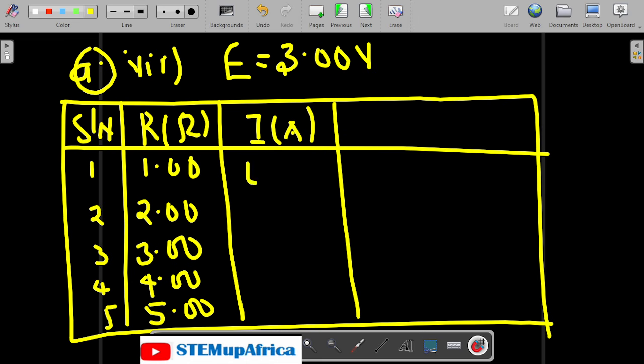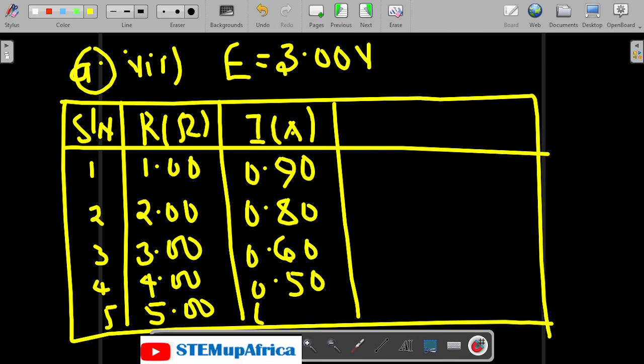So if you conduct the experiment, I'll explain how they conducted. These are perfect numbers: 0.9, we have 0.8, 0.6, we have 0.5, and 0.4. We have the voltmeter, which is measured in volts. Put your units. Here will give us 1.90.